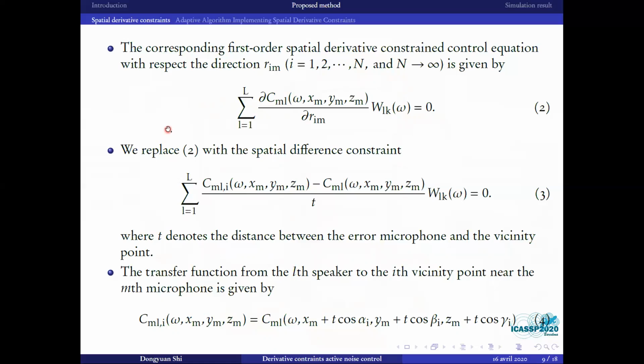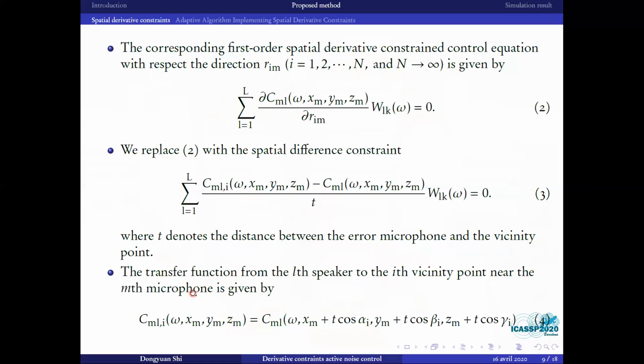So we replace equation 2 with a spatial difference constraint, like equation 3. In this equation, T denotes the distance between the error microphone and the vicinity point, and C_MLI denotes the transfer function from the L-th speaker to the I-th vicinity point near the M-th microphone.